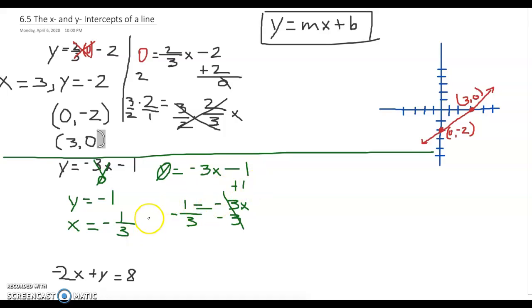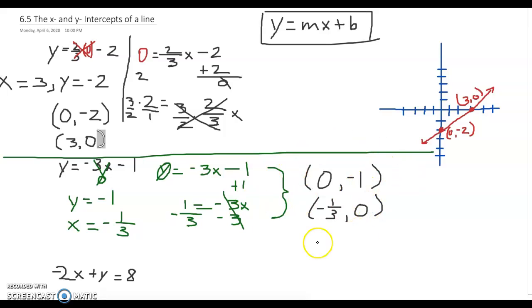And then you would do the same thing how I did here. So these 2 points, in our 2 sets here, would equal 0, negative 1. And then our second set is negative 1 over 3 and 0. Those are our set of points.